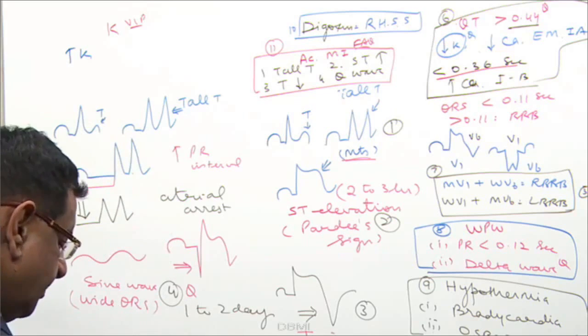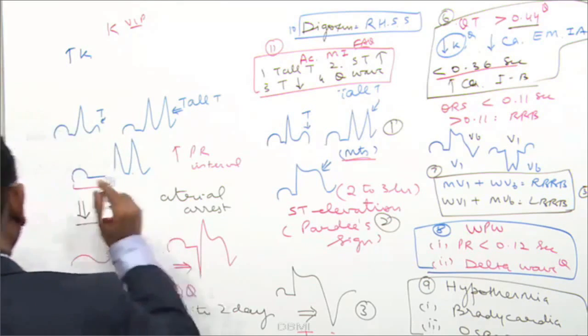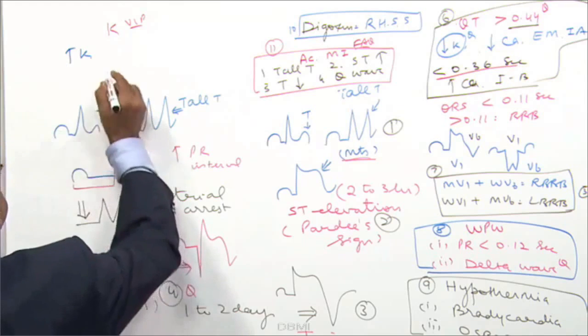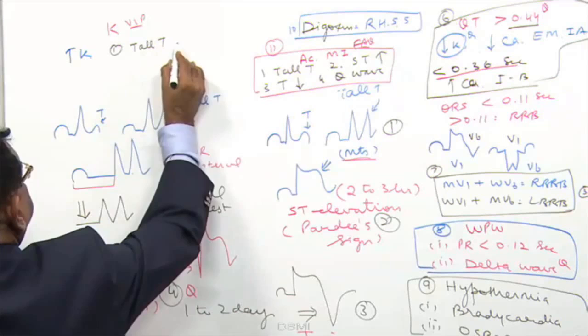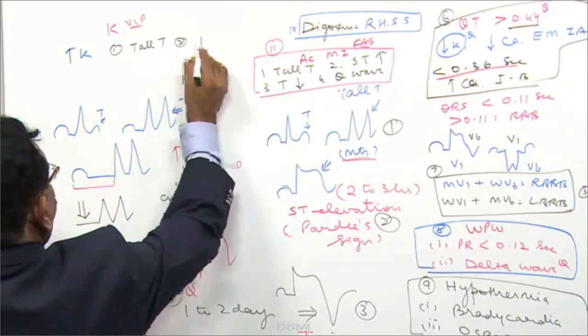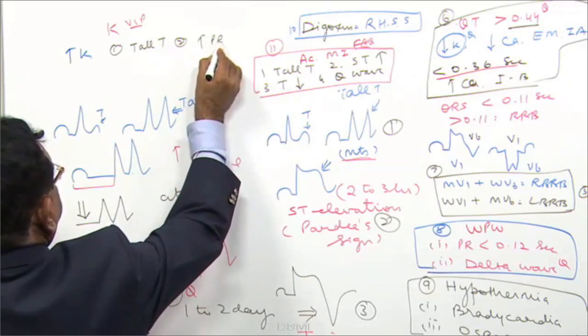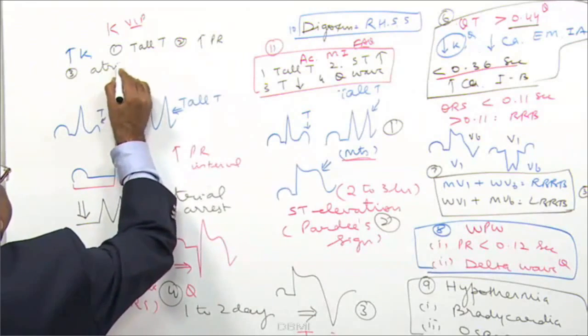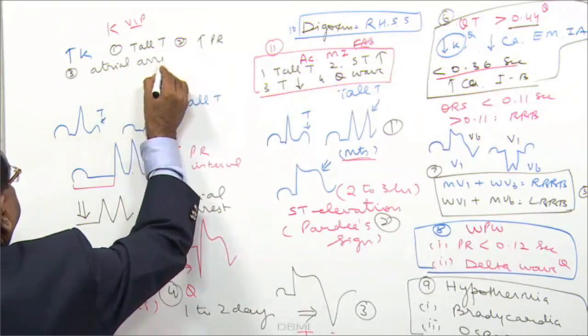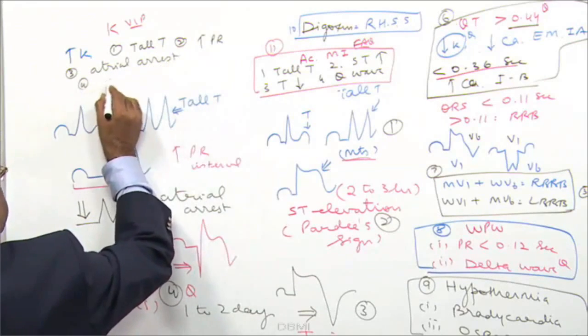So friends, you draw it. If I have to make a box regarding hyperkalemia, the first thing is tall T wave. Then the second is prolonged PR interval. Third is atrial arrest. And the fourth is sine wave.